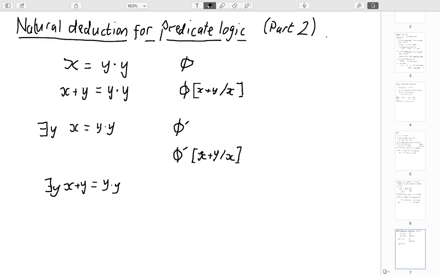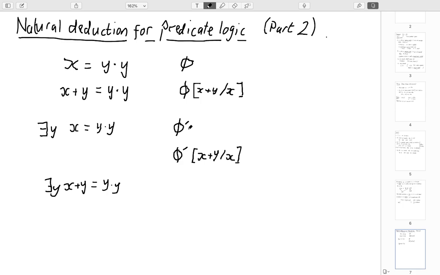So the correct thing to do in this case is to rename this variable y appearing here, because the formula saying that x is a square number, it doesn't matter what we call this variable y.